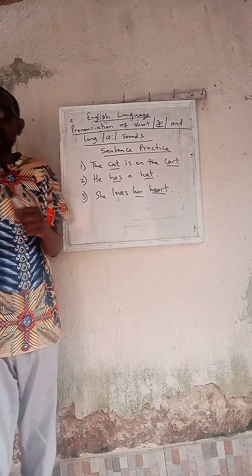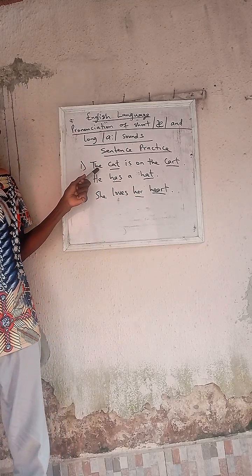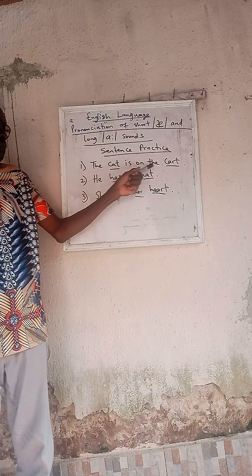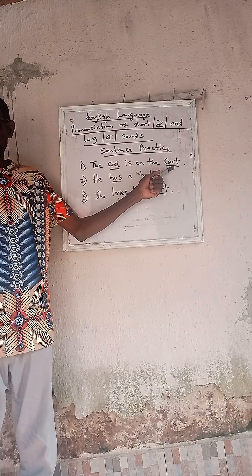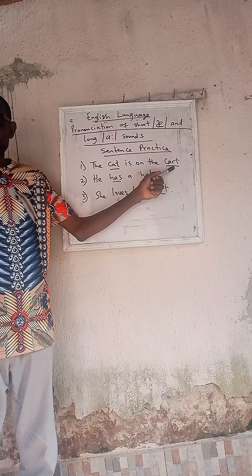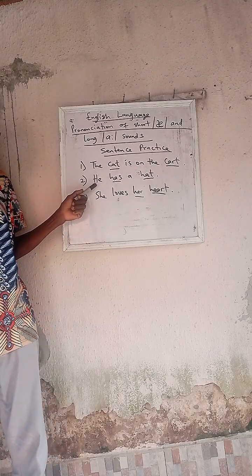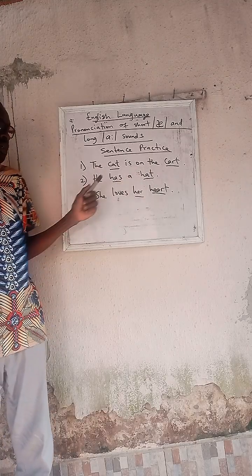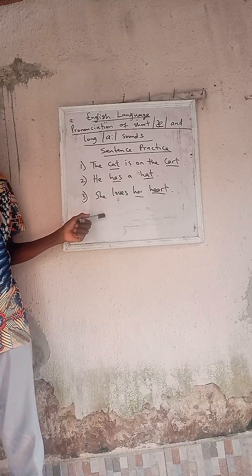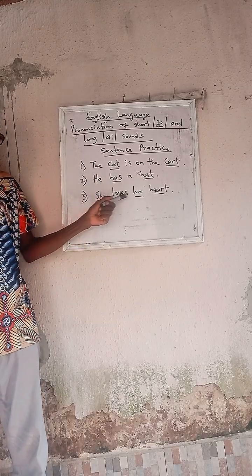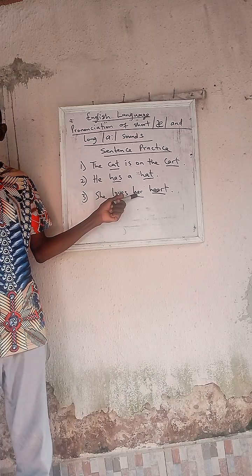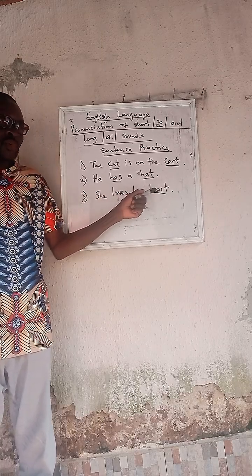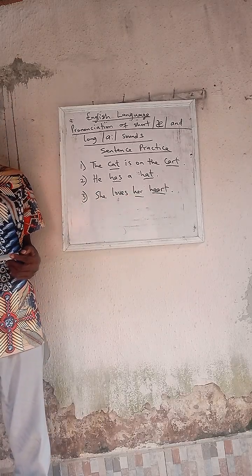Now, Brown, read it. Say this again. Card. Cards. Okay, the next one. Good, she has a heart. And the last one. She loves her. Say it. Her. So these two are the long sound.